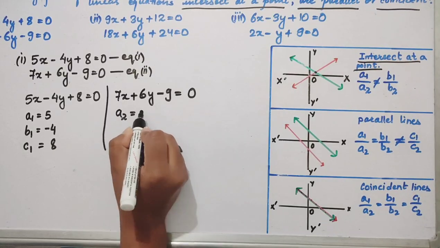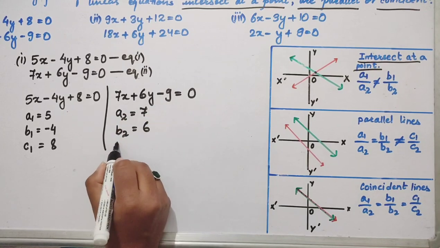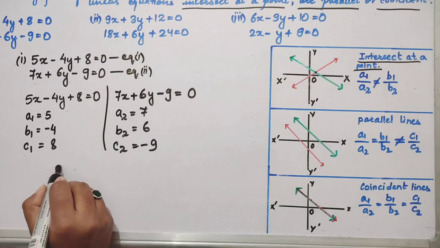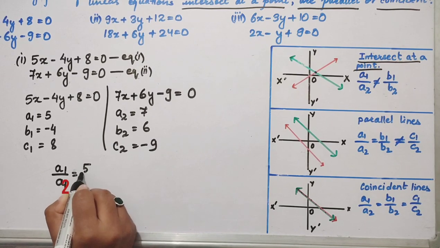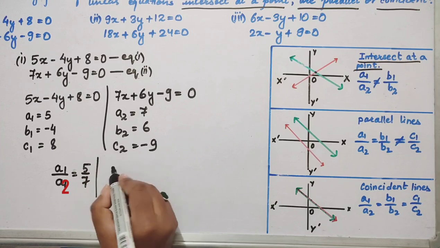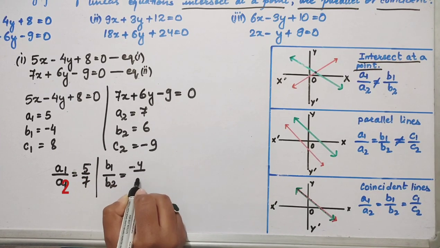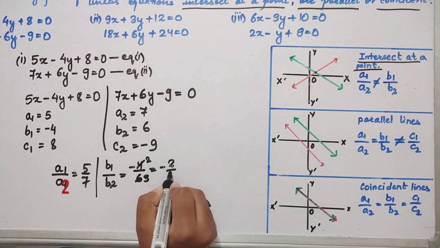Here a2 equals 7, b2 equals 6 and c2 is minus 9. So we can see a1 by a2 equals 5 by 7, b1 by b2 is minus 4 by 6, which we can cancel out to minus 2 by 3.